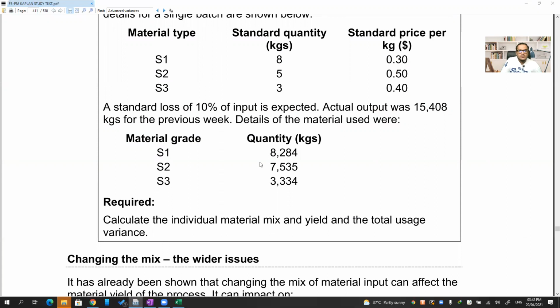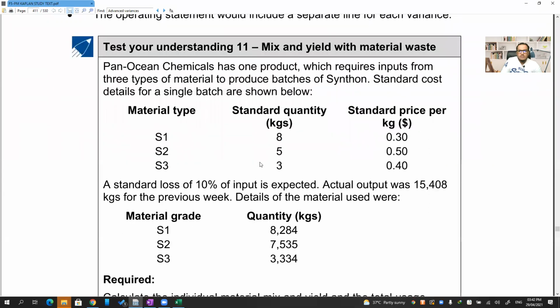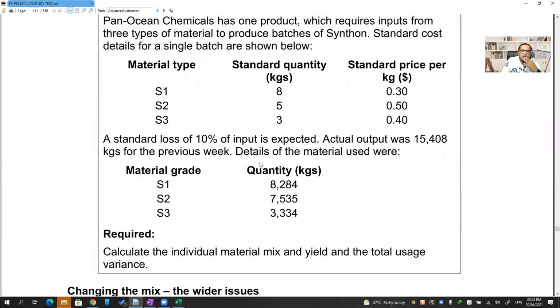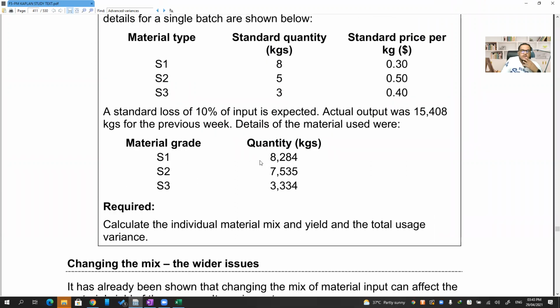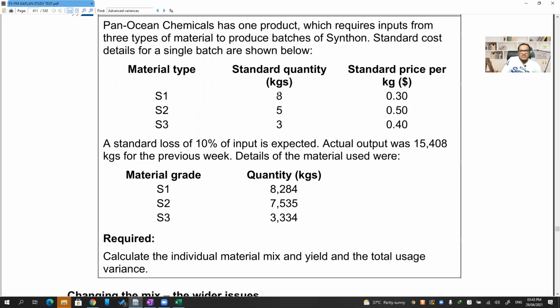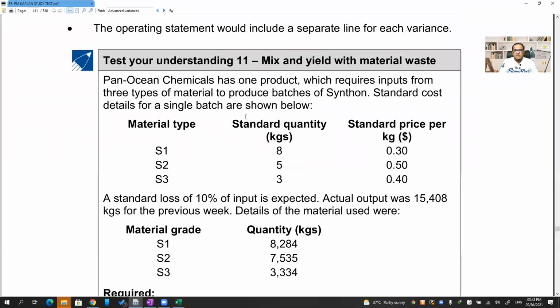Yeah, that's what I was thinking. Is this not 8 kgs per unit of finished good then? I guess this is not the 8 kgs per unit of finished good. The question is not clear.